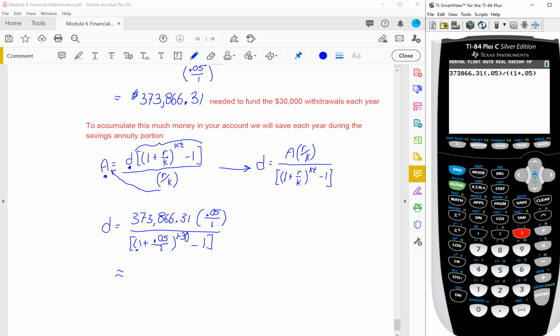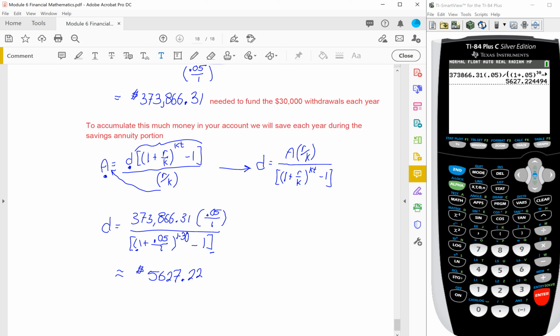Close off that parenthesis for the interest rate. Raised to the exponent of 1 times 30. I'm just going to write 30. Arrow over to get out of my exponent, minus 1. Close off my parenthesis that represents this bracket at the end, which is the grouping symbol for my denominator. And I get $5,627, and if I round to the nearest penny, 22 cents.